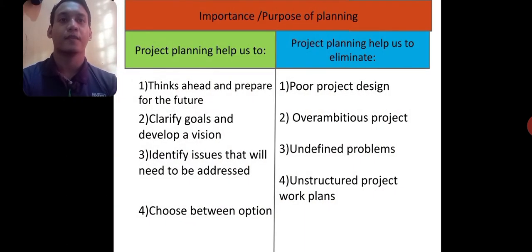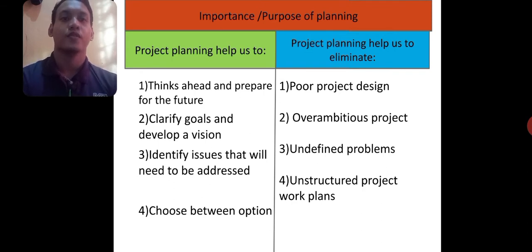Okay, the importance or purpose of planning. Project planning helps us to first think ahead and prepare for the future. Second, clarify goals and develop a vision. Third, identify issues that will need to be addressed.